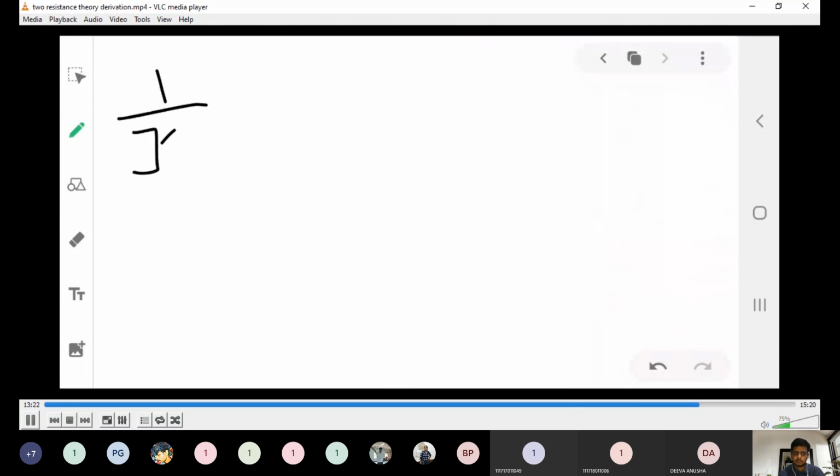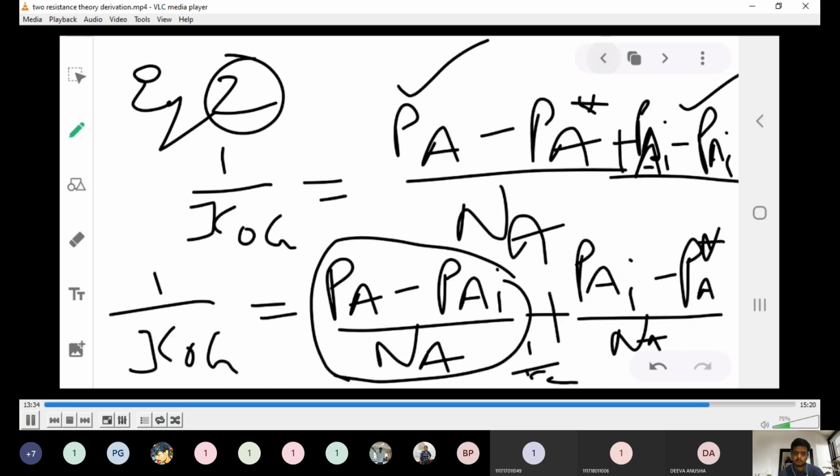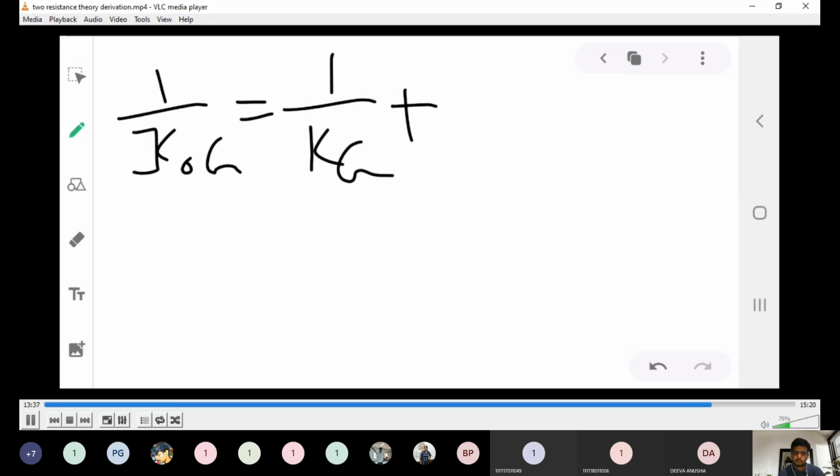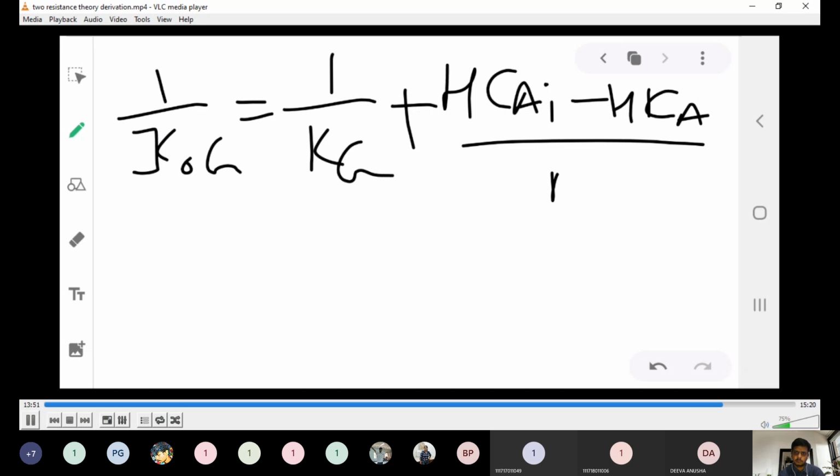So this is 1 by KOG is equal to 1 by kg, the individual gas mass transfer coefficient, plus in place of PAI we can write the equilibrium concentration, in terms of Henry's constant, H into CAI, minus in place of PA star we can write H into CA. We can write HCA by NA. Now we can take H common.